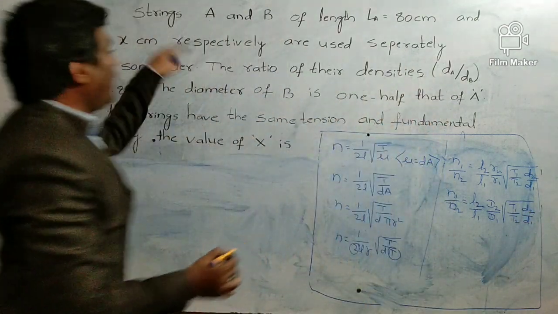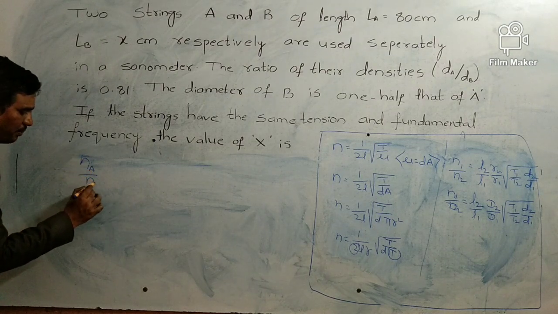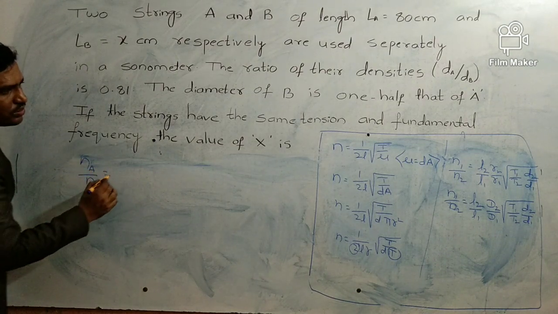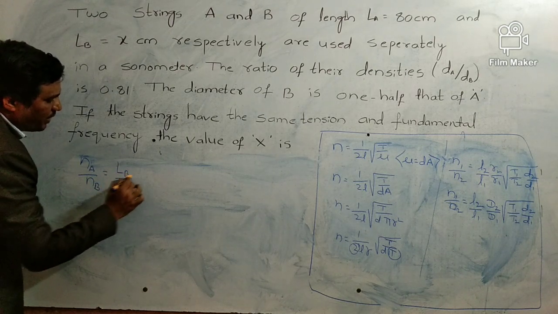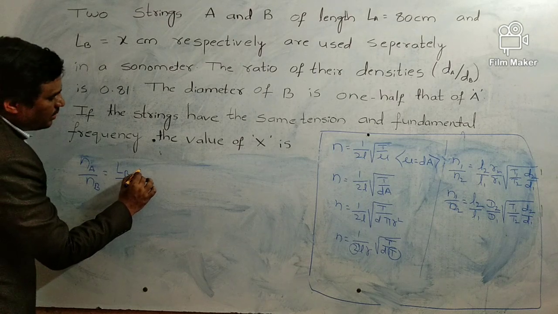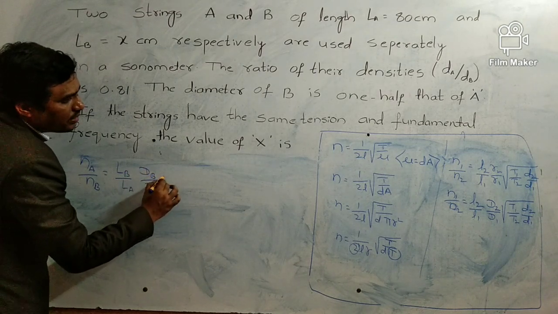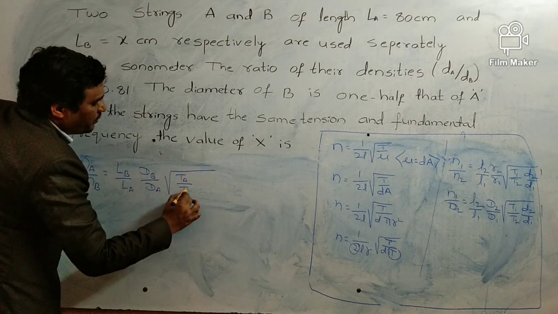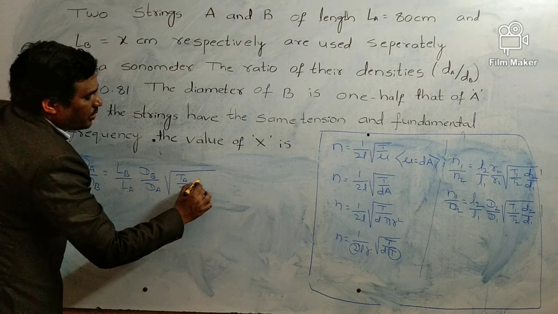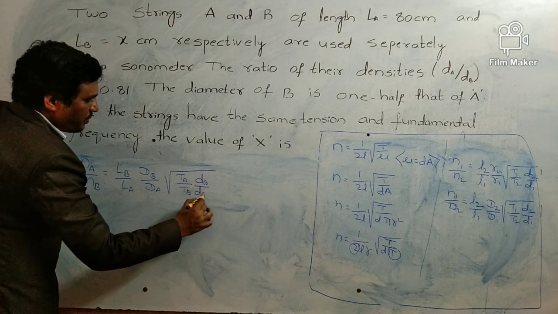Now in terms of A and B, NA by NB equals LB by LA, the second wire, then DB by DA, then TA by TB, then DB by DA.